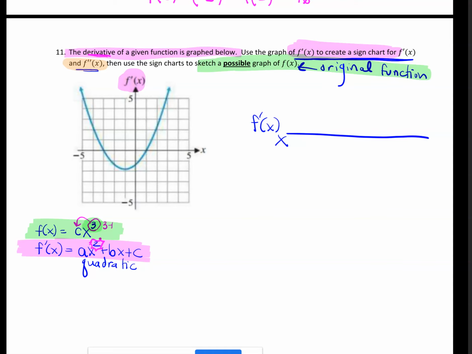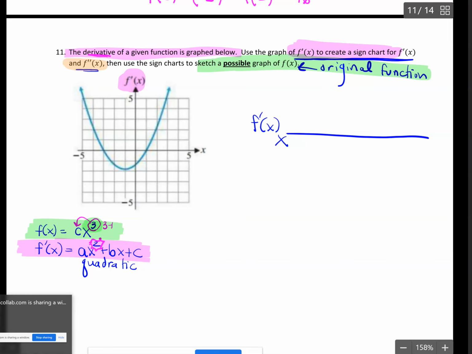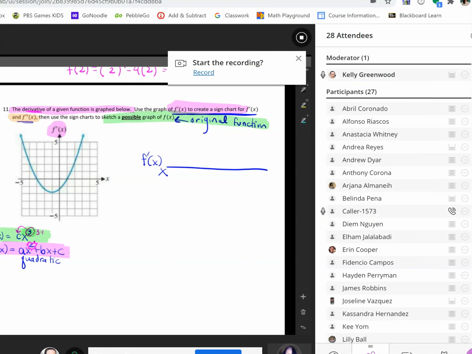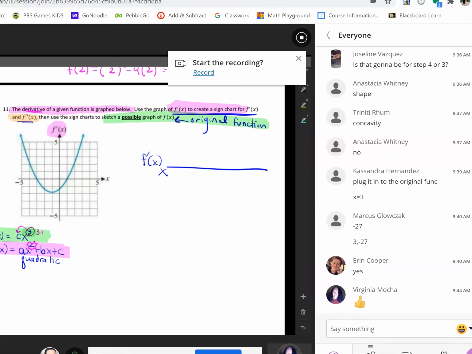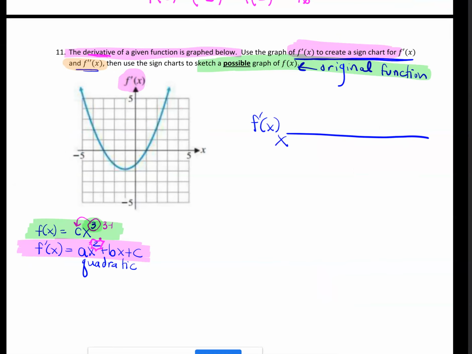So the outputs of the f prime graph describe the first derivative, because this is the graph of the first derivative. So this point right here, we're really putting -1 into the derivative and the output is down at -2.